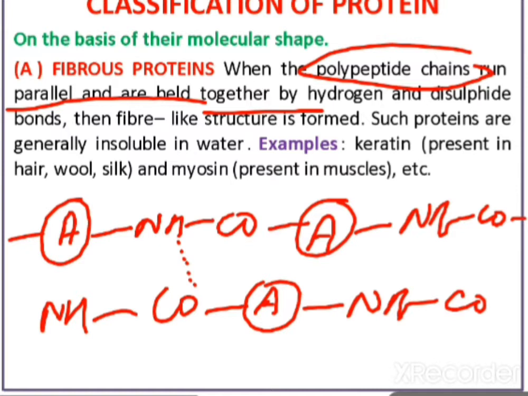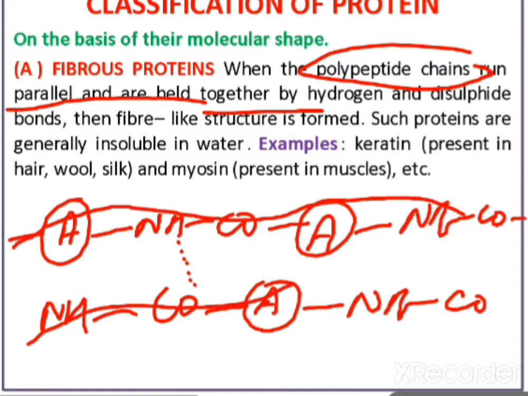Due to this hydrogen bond, these two chains are bonded with each other. They are running straight, but they are bonded via hydrogen bond. This type of protein is called fibrous protein, fiber-like structure, thread-like structure.